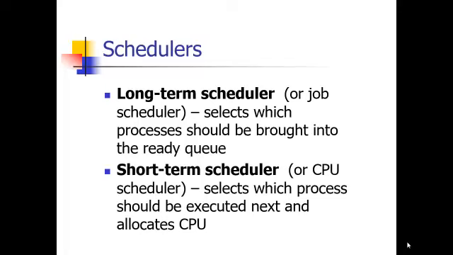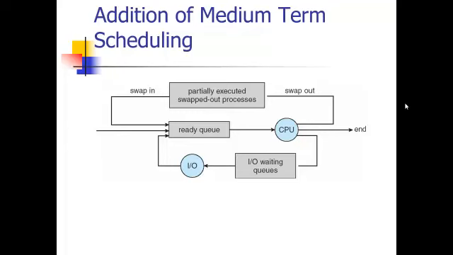So in addition to the short-term scheduler and the long-term scheduler, there's another type of a scheduler that is called the medium-term scheduler. So in the first chapter, I explained about virtual memory management. So that means the available main memory is not enough to manage all the processes inside the main memory.